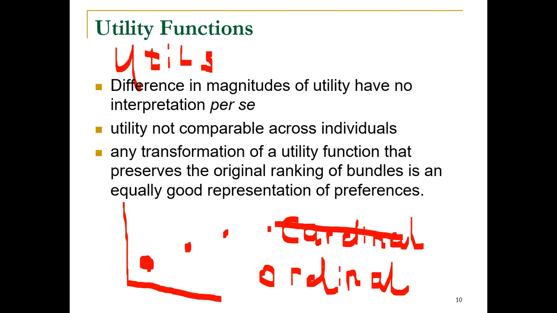We either use the ordinal, where we just rank depending on our satisfaction, or the cardinal, where we assign specific numerical measurements: if I consume this good, I derive 20 utils, and if I consume this good, I derive 100 utils.